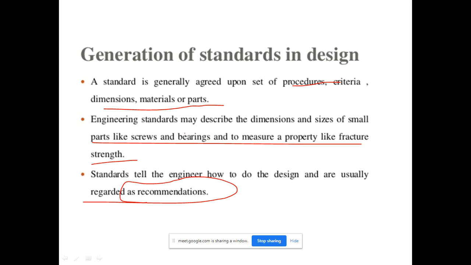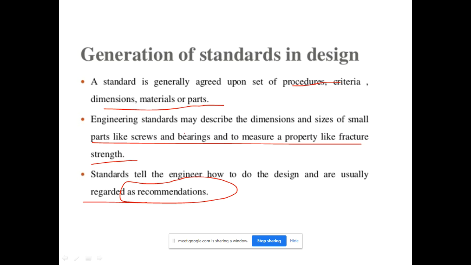Now if you are manufacturing some alloy wheel, in that case the Indian standard, the ASME standard has already given you some kind of criteria, some kind of norms, so that every automobile company in the world will follow the same norm and will take the same precautions while manufacturing the alloy wheel. Okay, so these are all different norms that should be accepted worldwide. So this is the procedure of standardization.